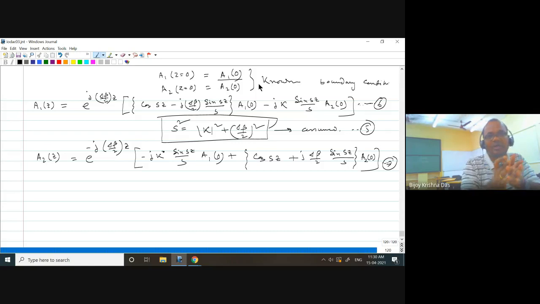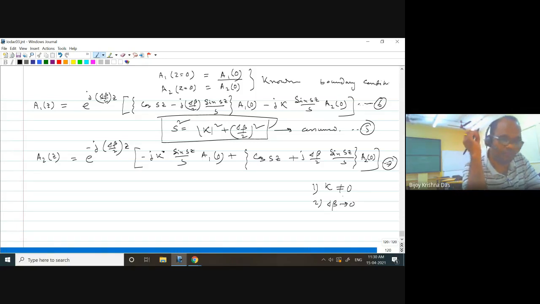Energy conservation means, suppose you have two modes and coupling happening between these two modes only. All other modes may be radiating or leaking modes, but coupling will not take place with them, either because kappa equals 0 or delta beta is not 0. I have already mentioned that you need two conditions: kappa should not be equal to 0, and delta beta should tend to 0.